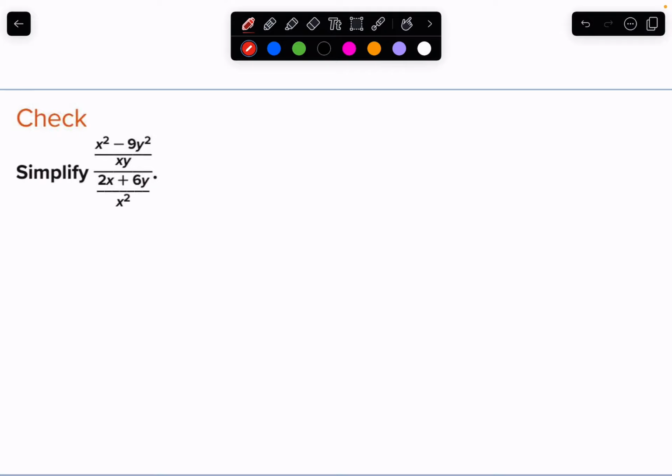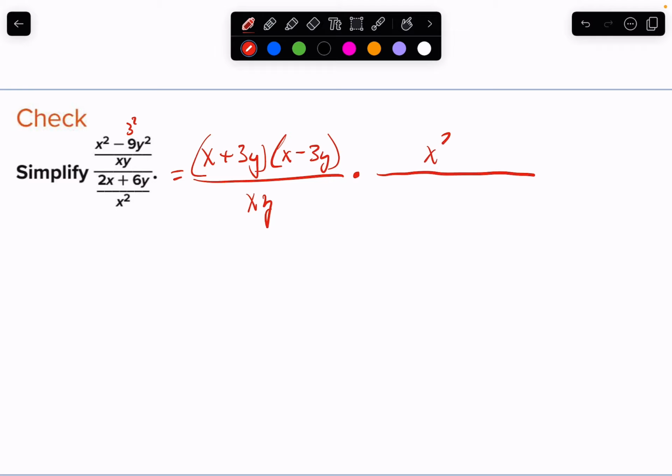Okay, here we go. Last one of this section. That's 3 squared. So that is x plus 3y times x minus 3y over xy. Change it to multiply. I got x squared on the top now, and then these both have a 2, so I got 2 times x plus 3y.